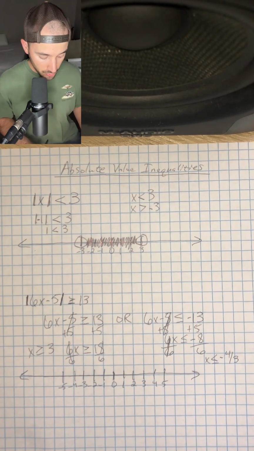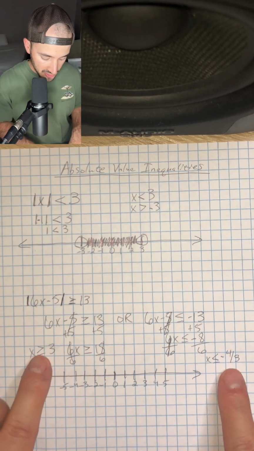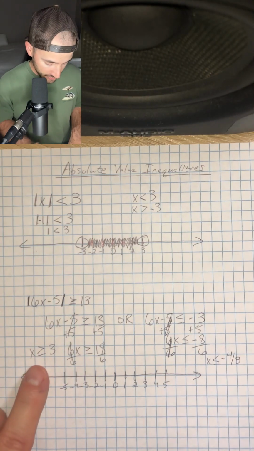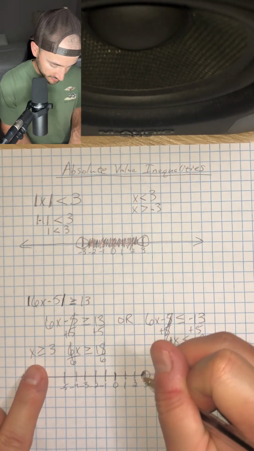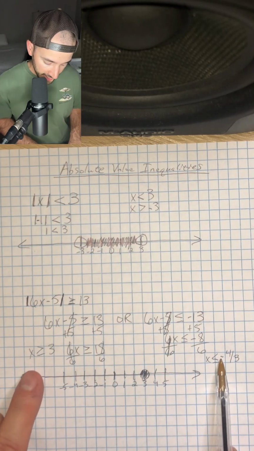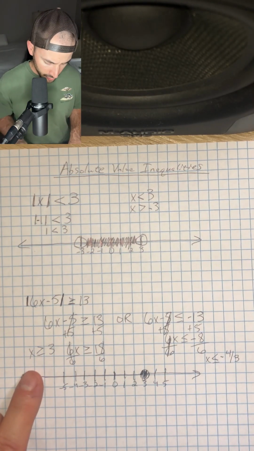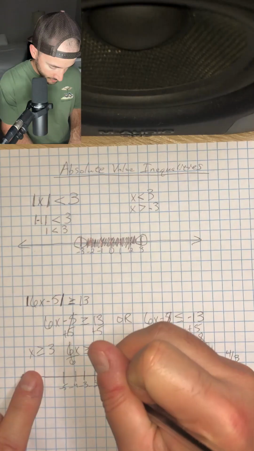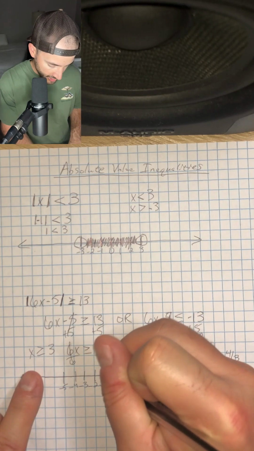-4/3. So we can put closed circles at both of these points. +3 gets a closed circle because it's including +3. And then -4/3, which is -1.3 repeating, so somewhere right in there.